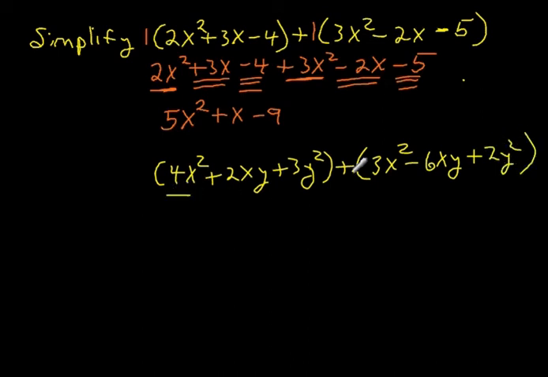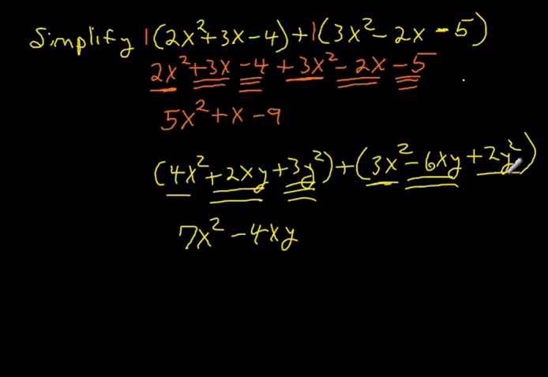So since I notice it's addition, I'm simply going to take the x squares, combine them for 7x squared. A positive 2xy and a negative 6xy combine to give me negative 4xy, and a 3y squared combined with 2y squared gives me 5y squared. Those don't seem to be a problem.